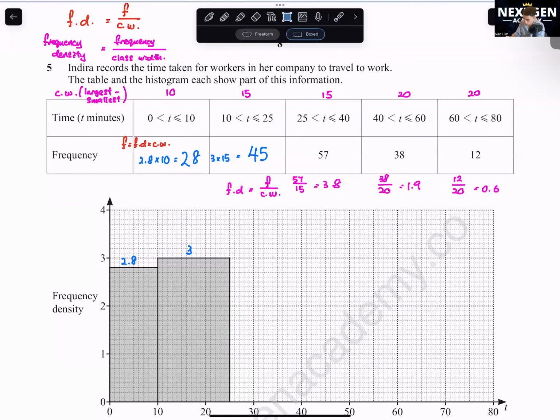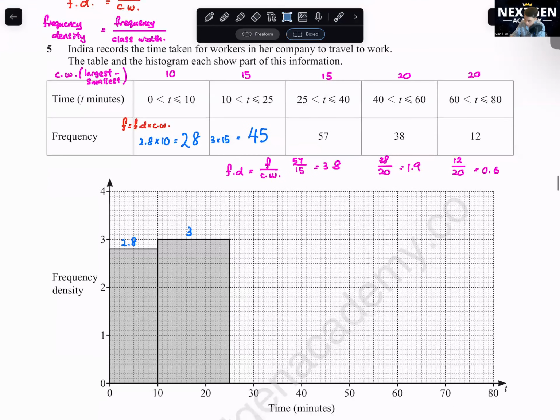Okay, now what we're going to do is from 25 to 40, we need to draw a line at 3.8. Where's 3.8? 25 to 40. Then 40 to 60 is 1.9.